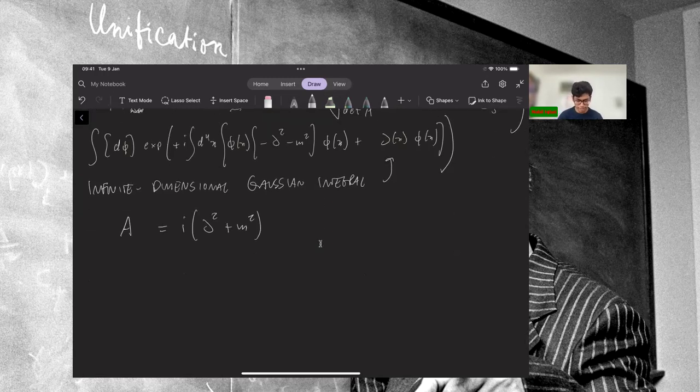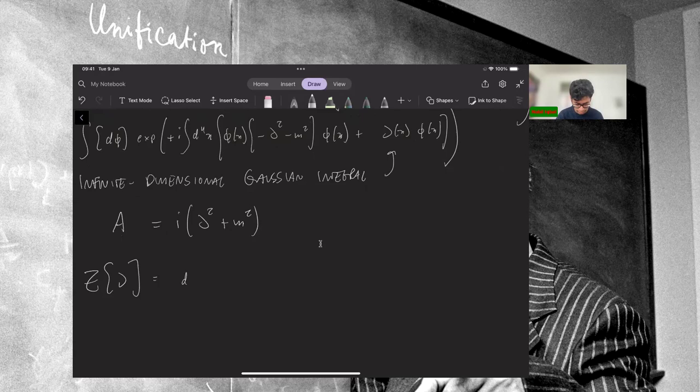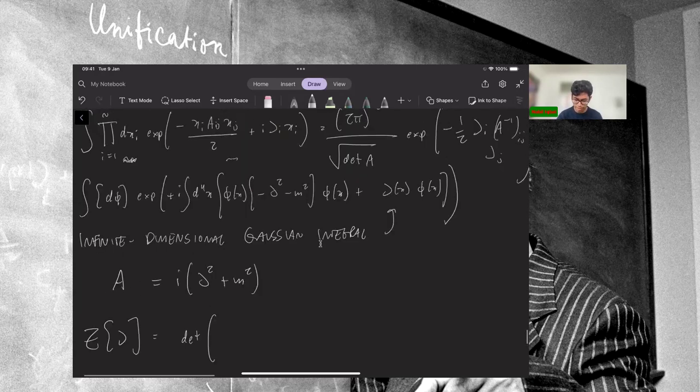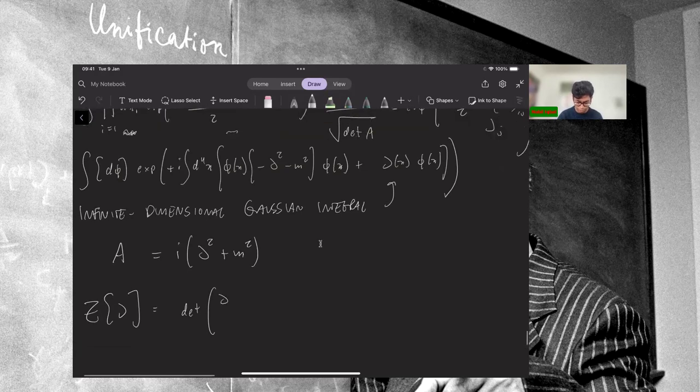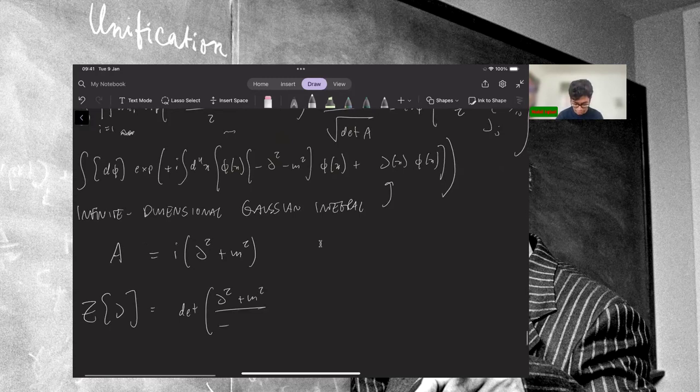The formula is Z of J is the determinant of this operator A. So remember, there was this det A here. So now det A is the operator partial squared plus m squared. There's a factor of minus 2 pi i, which honestly, I don't know why I'm even keeping it, but I'll explain it later, to the power minus 1/2.